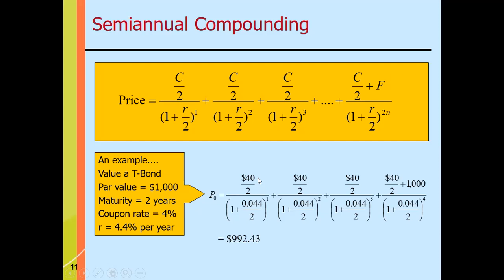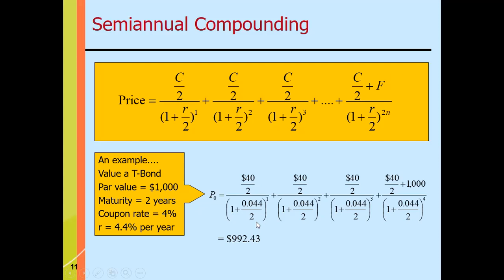That is the coupon payment or interest payment, or in our case, our collection, because we're the investor, payment coming from the borrower or the bondholder or issuer. So $40 divided by 2, that's $20. And then the R is going to be the effective interest rate, which is 4.4% as given, 0.044, and you divide it by 2.